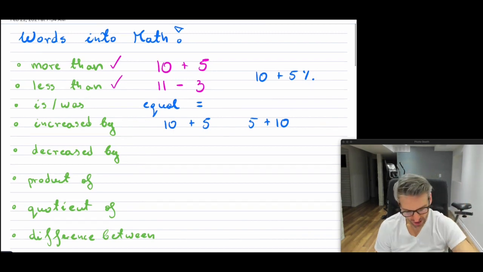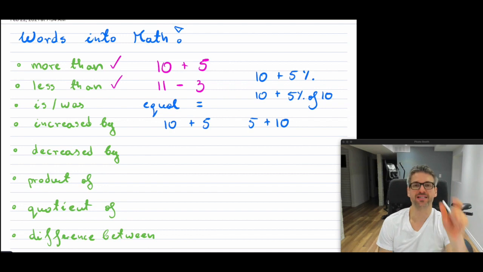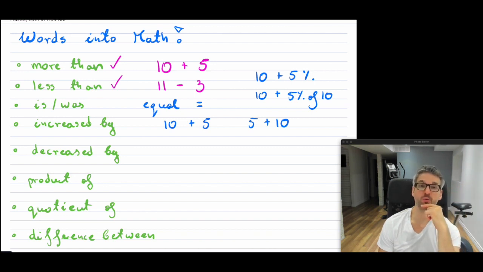So you would have to write this as 10 increased by 5% of the original, because you're increasing it by 5% of the 10. To say 10 plus 5% is meaningless when you are dealing with word problems. That is really, really important. So be careful when you're increasing by a percentage.